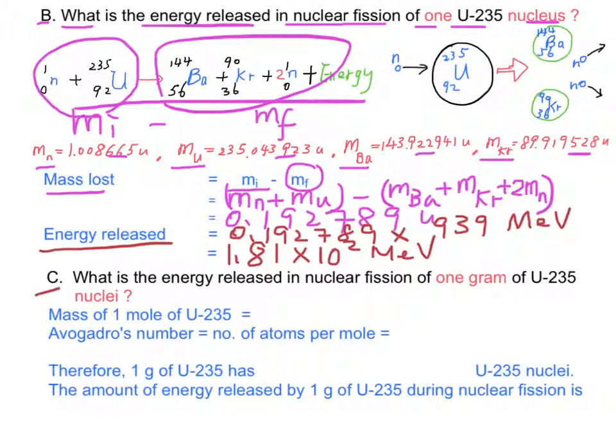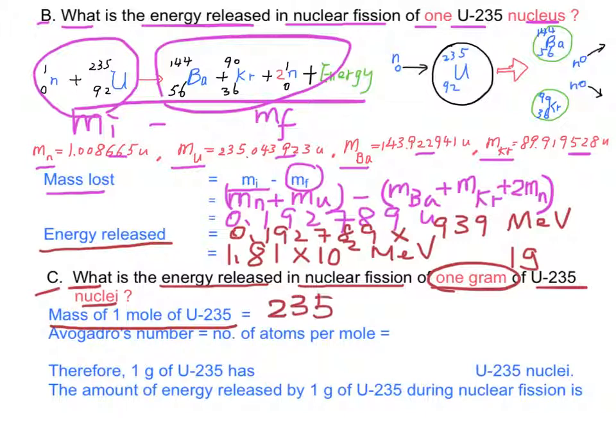Part C. Let's see what is the energy released in a nuclear fission of 1 gram of uranium-235 nuclei. We see that the mass of 1 mole of uranium-235 nuclei is about 235 grams, and the Avogadro number is the number of atoms per mole, which is 6.02 times 10 to the power 23.